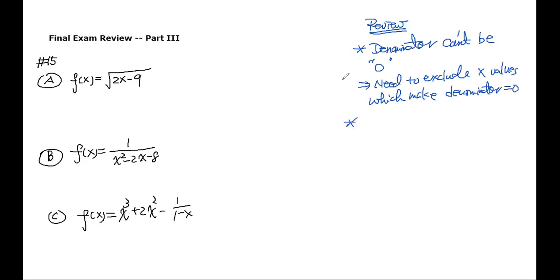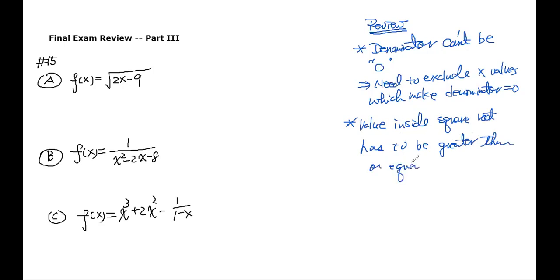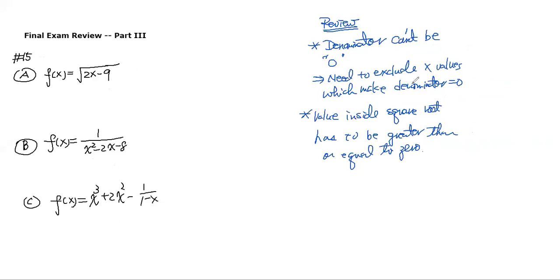Then the second concern is the value inside square roots has to be greater than or equal to 0. So those are the two things we need to be careful about. That means you cannot have a negative inside your square roots here, all right?